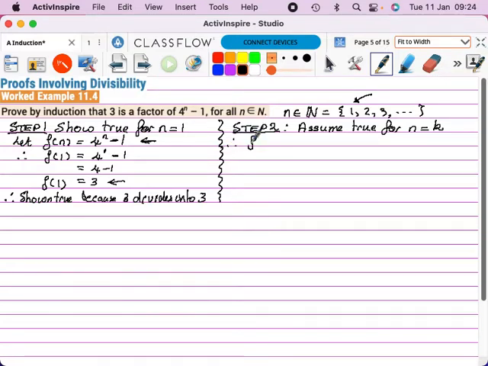Therefore, replacing the n with a k, f of k is equal to 4 to the power of k minus 1 is divisible by 3. Assumed.